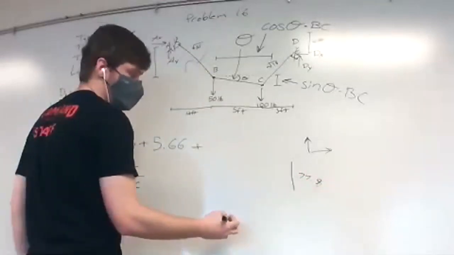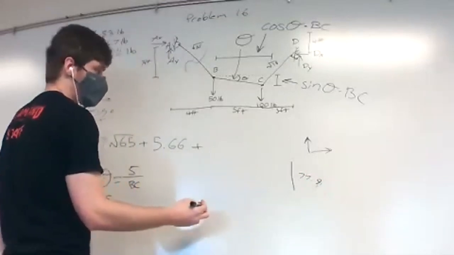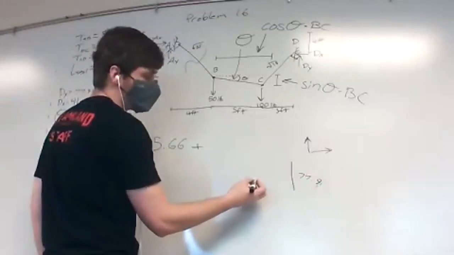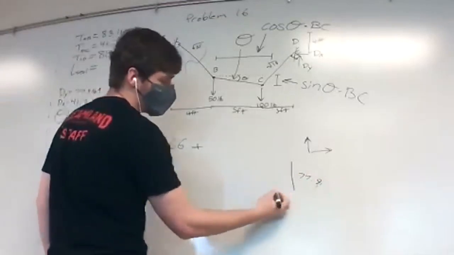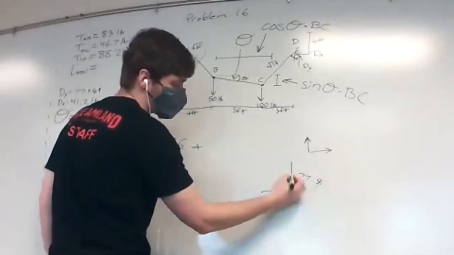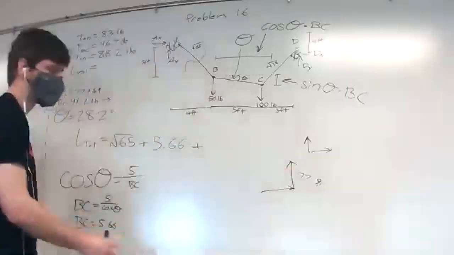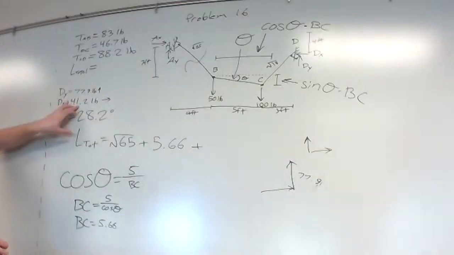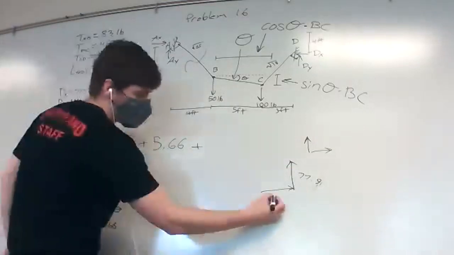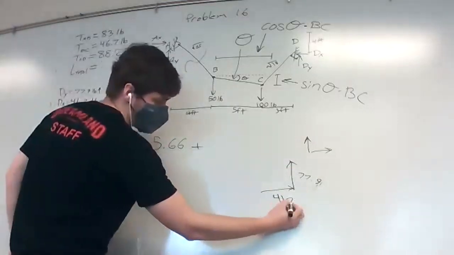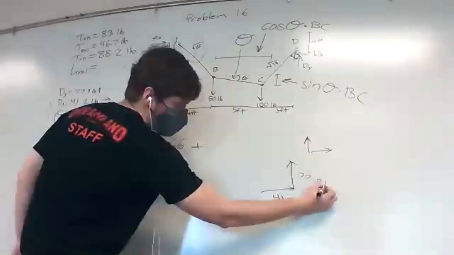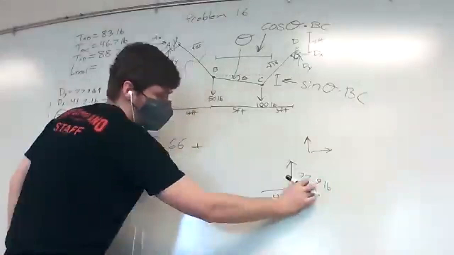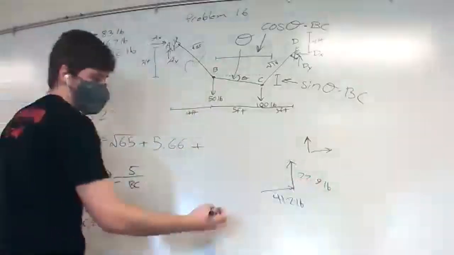And then our dx, we can make it like this, because you can imagine like that. So that's going to be the 41.2. And I'm using pounds as a unit of distance right now.